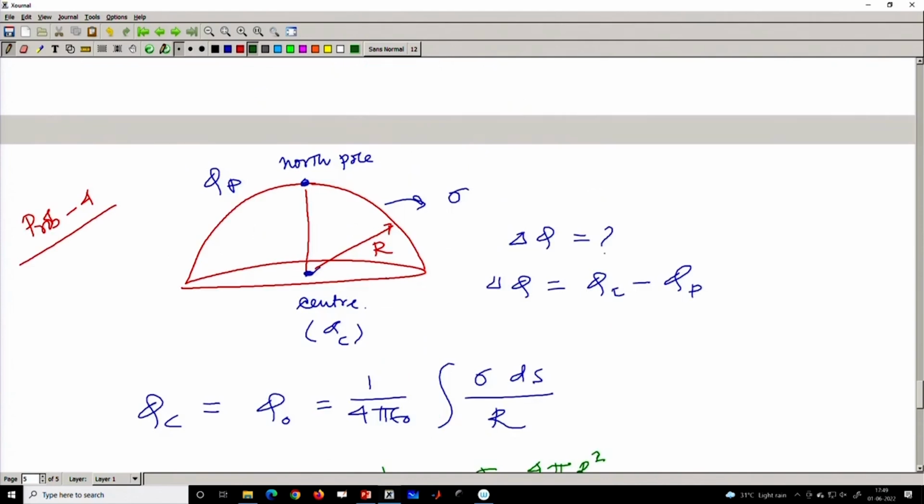Now, the interesting part is the next one, how to find the potential at the north pole. In order to do that, let me draw a section here, a small section like this, and from here to here, suppose this distance is r. Now, this r is changing every time.